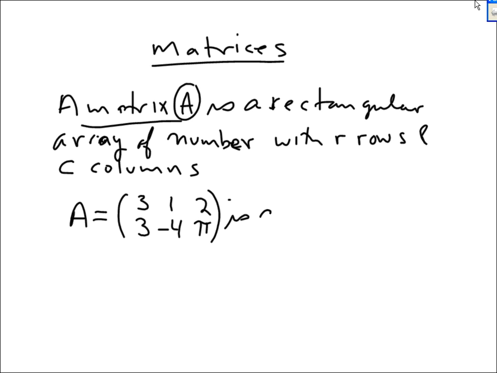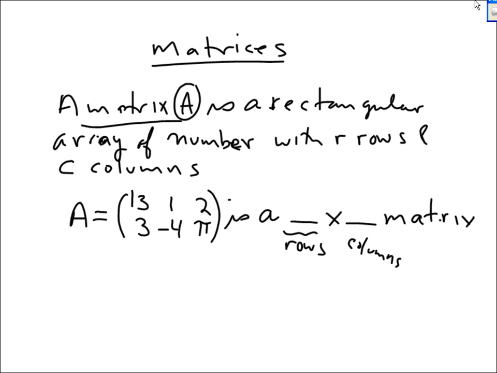Now, we say this is a blank by blank matrix. And the blanks define the size. It's rows by columns. The first number will be the number of rows, and the next number will be the number of columns.